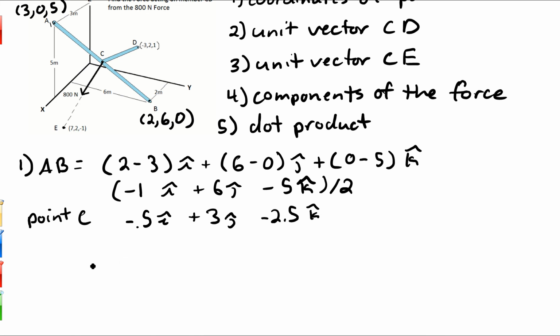From A to C, we're going to go back 0.5 in the X. If you go back 0.5, then you're at 2.5. This one's at 3, this one's at 2, and half of that is going to be 2.5.